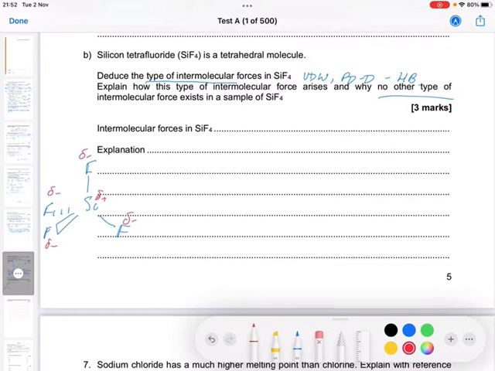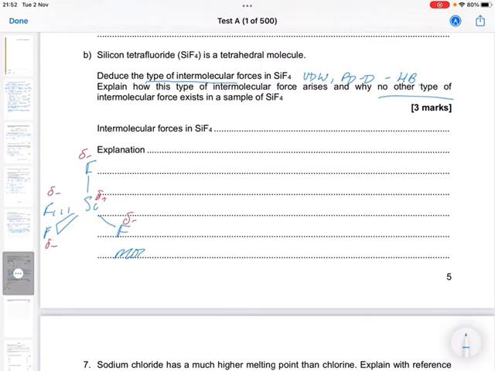And the answer is no. And if the answer is no to that, then we say that the molecule is symmetrical. So we'll jot that down here, that the molecule is symmetrical. Therefore, the dipoles cancel out.